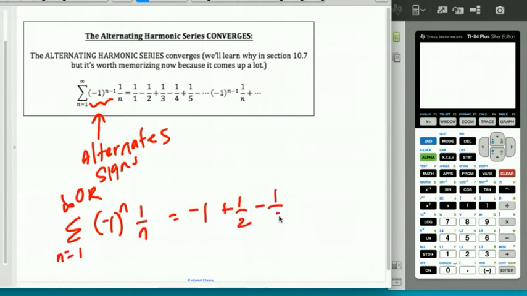It doesn't matter which of the two we end up with. The alternating harmonic series converges. We're going to learn why when we get to 10.7, but just trust me, you want to memorize in your brain that the harmonic series diverges and the alternating harmonic series converges. Please, please, please, it's going to come up. All right, that is it for 10.5.